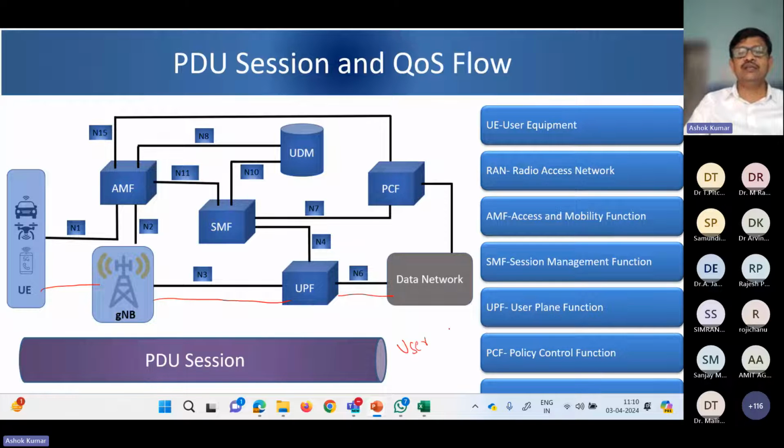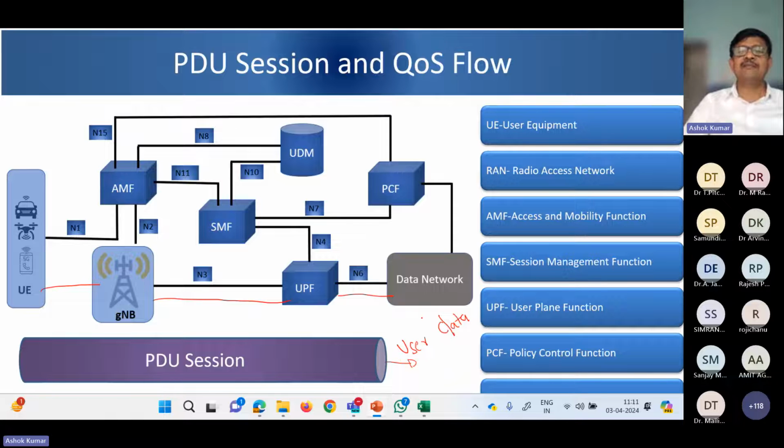That means when we browse or use YouTube and watch streaming, all the data flows through this PDU session, this particular pipe. And this pipe is nothing but a series of connections from UE to gNode B to UPF, and then it goes to the data network.